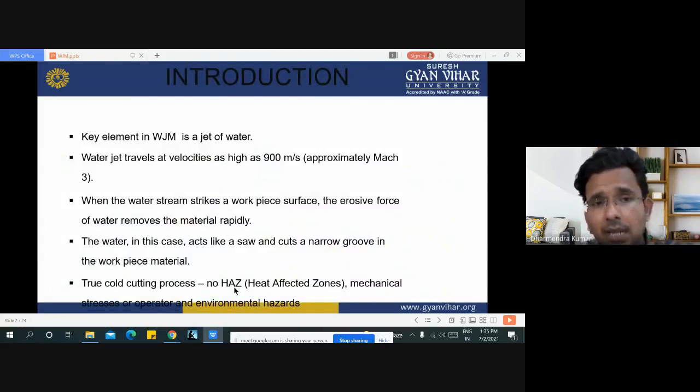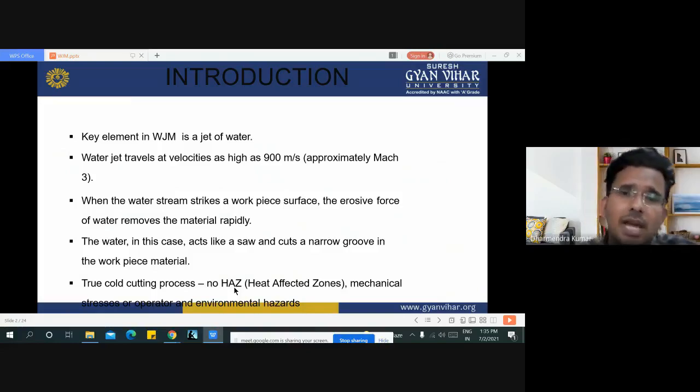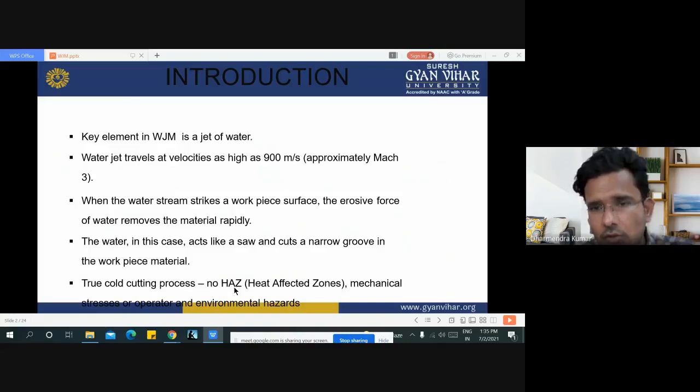Here is some introduction of the water jet machining process. The key element in water jet machining is a jet of water. In WJM, or water jet machining, the water jet travels at velocities of 900 meters per second. When the water stream strikes a workpiece surface, the erosive force of water removes the material rapidly. The water in this case acts like a saw and cuts a narrow groove in the workpiece material.